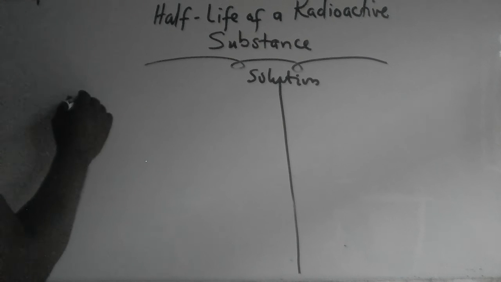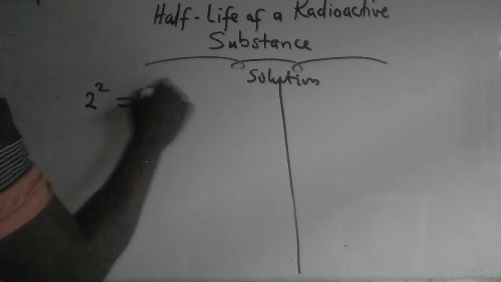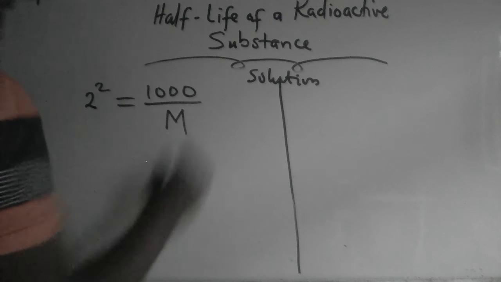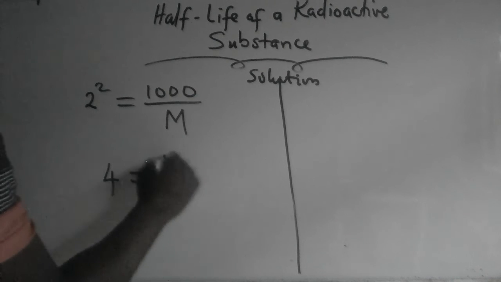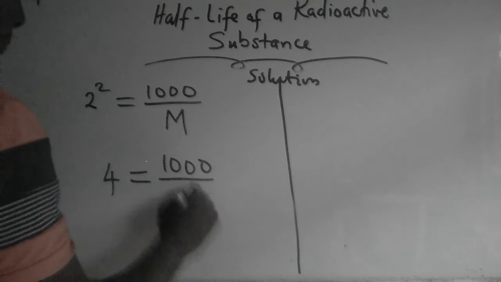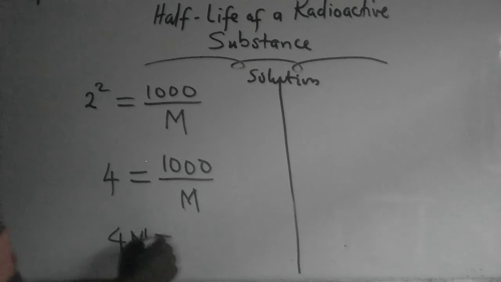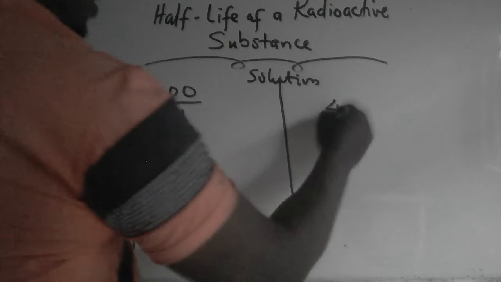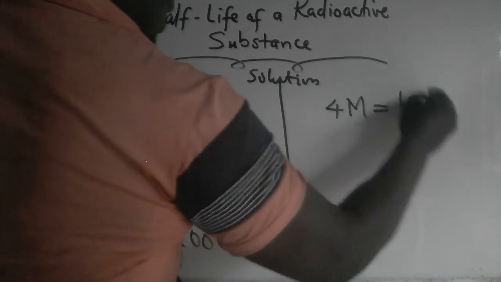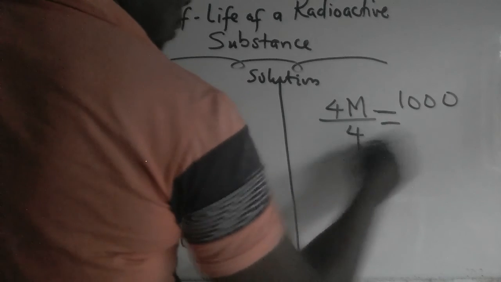So therefore, we now have 2 raised to power 2 is equal to 1,000 divided by N. Alright, 2 raised to power 2 gives us 4, is equal to 1,000 divided by N. We cross multiply, it becomes 4N is equal to 1,000. And next we divide both sides by 4 in order to obtain N. We have 4N is equal to 1,000. Divide both sides by 4.